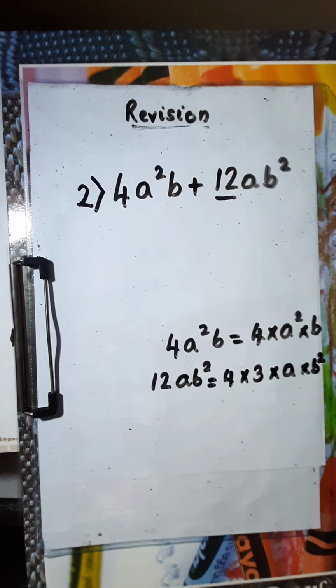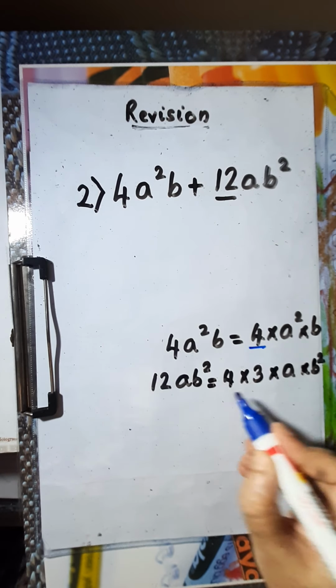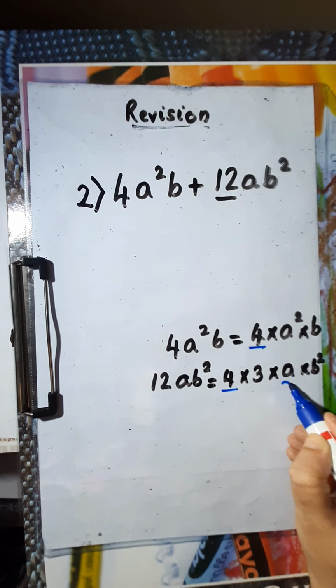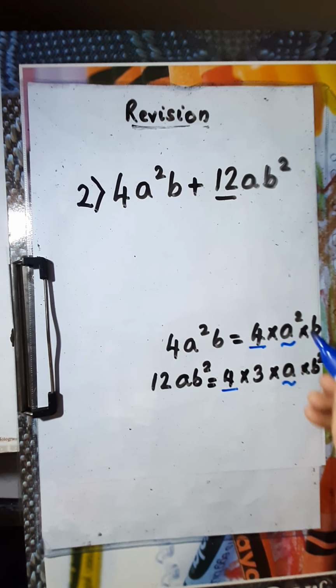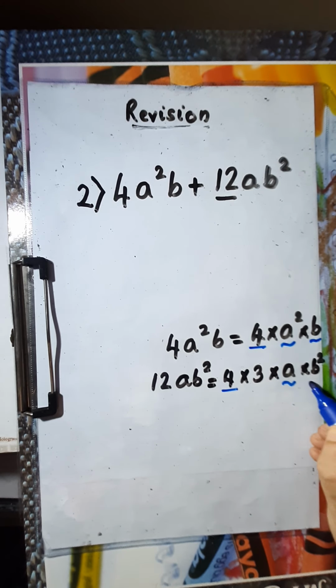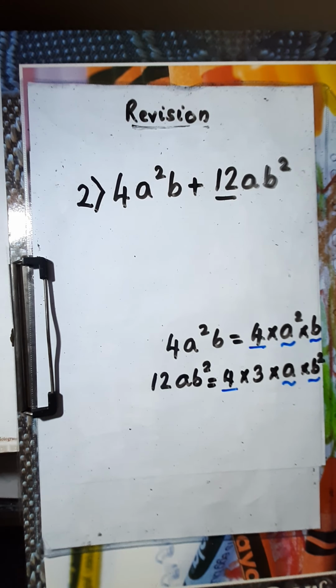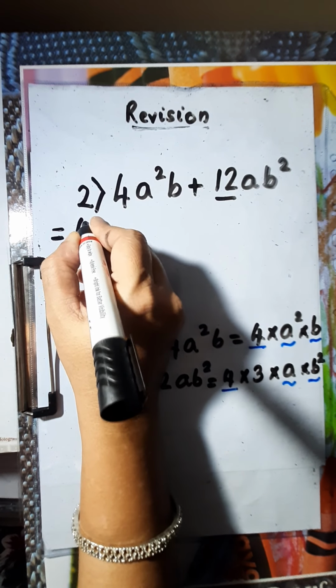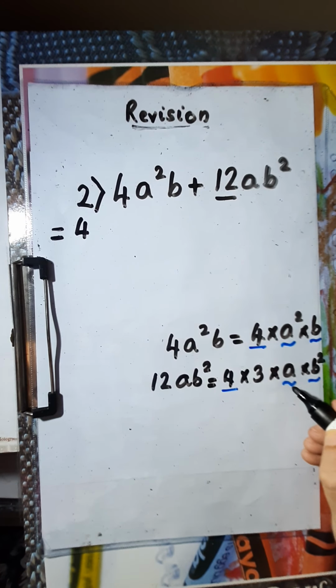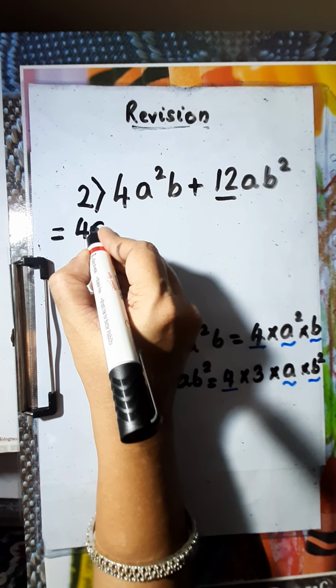Now look at it and let's circle the common. First there is 4 common. Now this is a and this is a square, so one a is common. And this is b and this is b square. Here's an easier way: remove 4 common, and out of a square and a, remove the lower power common.